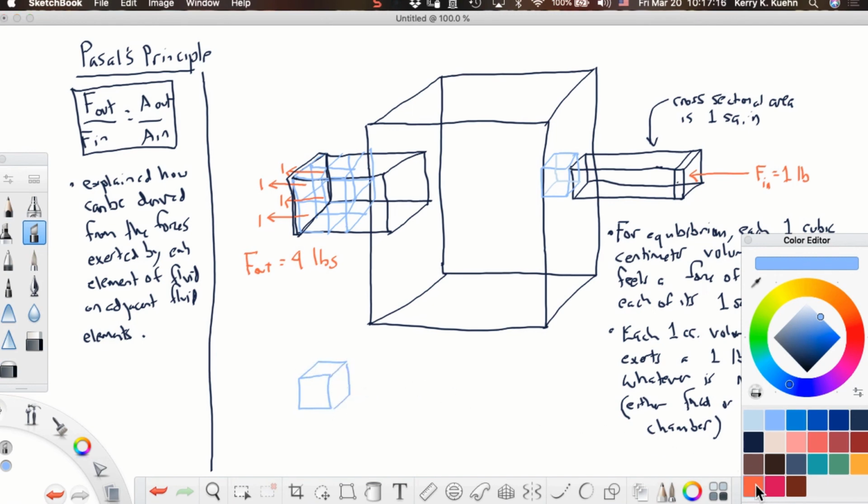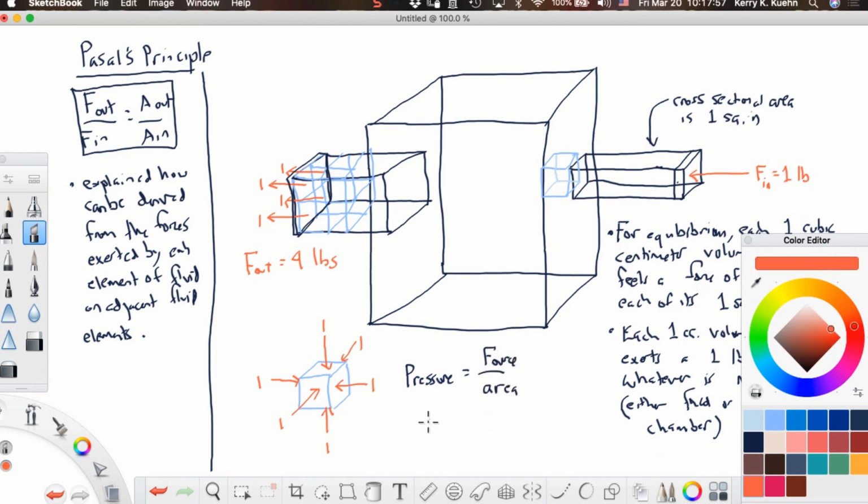Each little piece of fluid feels a force of 1 pound on each side. I'm not going to draw the force on each side, just I'm going to draw a few of these forces. There's 1 pound of force pushing on each side of this piece of fluid from the top, the bottom. I guess I'm going to draw them on each side, 1 pound on each side, like this. And when that's the case, what we do is we typically say that the pressure that this piece of fluid is under is equal to the force that is exerted on each area of this cube.